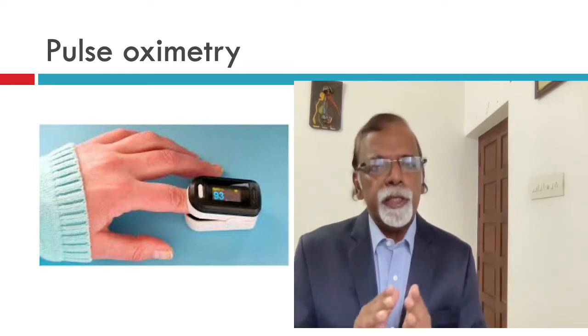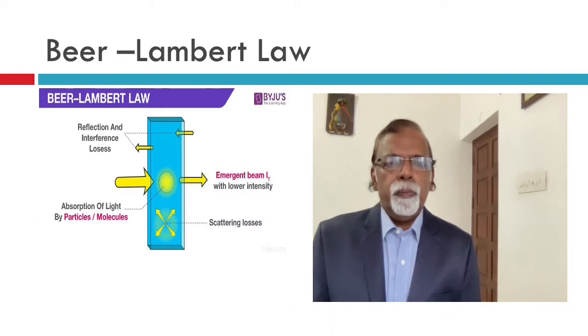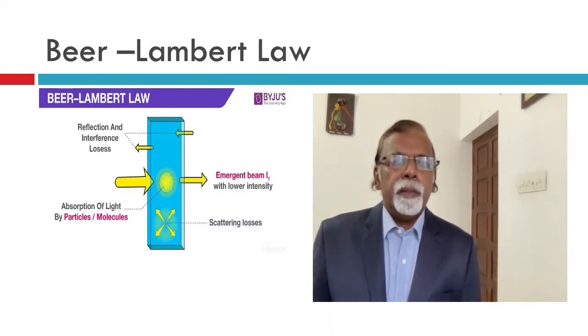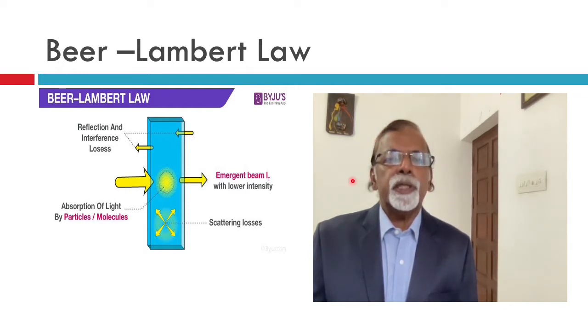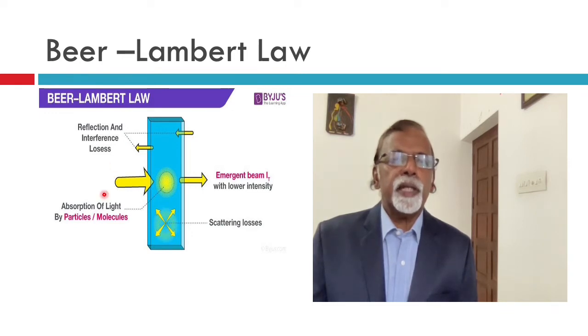Pulse oximetry is based on Lambert's Law. When light is passed through a solution, there is a linear relationship between the concentration and the absorbance of the solution. That is, light is passed and light is absorbed by the solution. It has a linear relationship with the concentration of the substance in the solution.